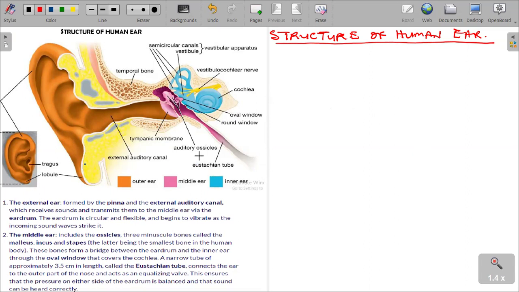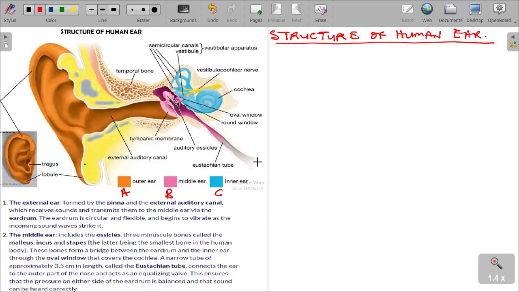The structure of the ear is basically divided into three parts: the outer ear, the middle ear, and the inner ear. In my diagram, I've shown them by different colors, and I can label them under A, B, C, representing the three parts that make up the ear.